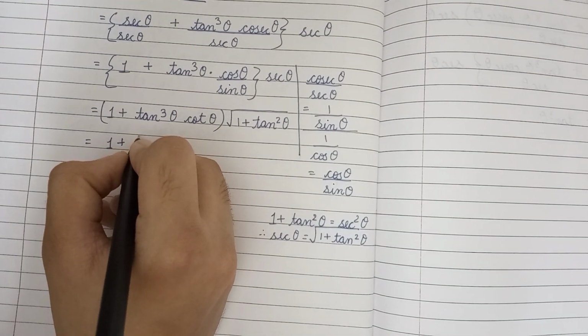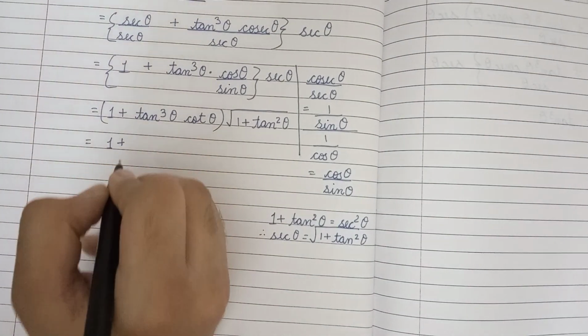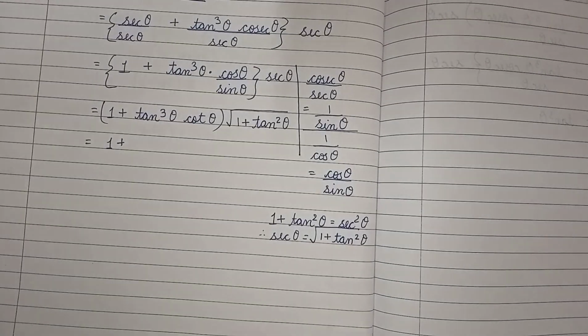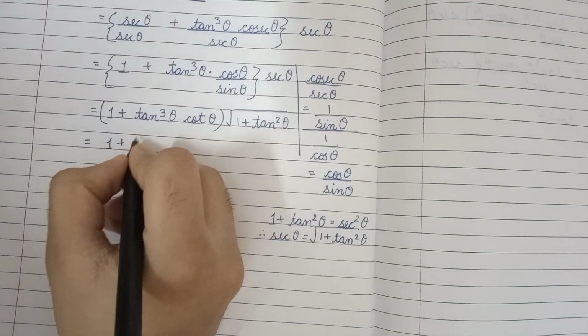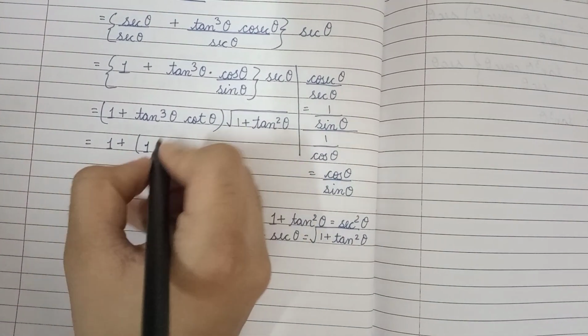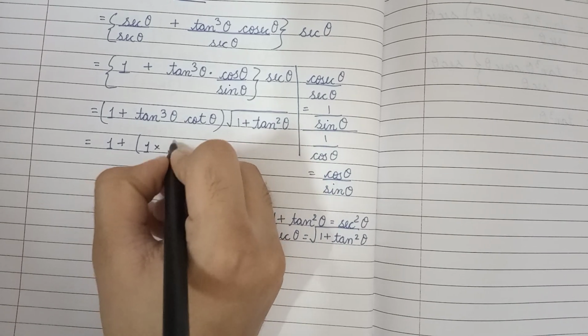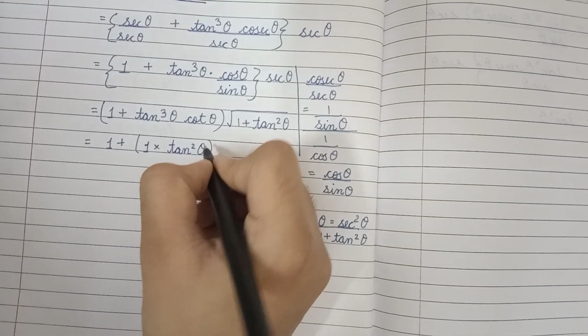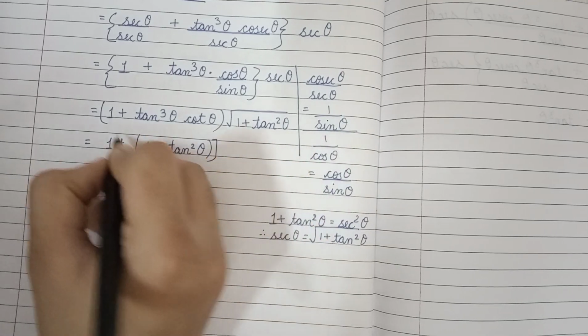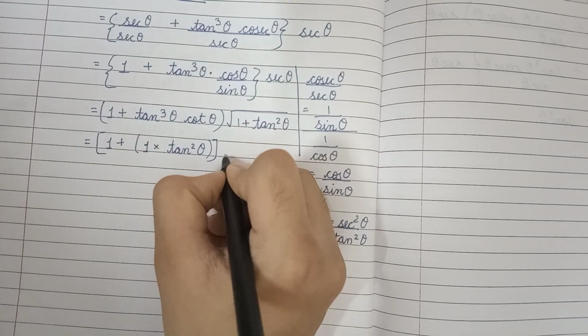So we can take one of the tan theta from tan cube theta and multiply it by cot theta, which gives us 1. And the other tan square theta remains as it is, multiplied by under root 1 plus tan square theta.